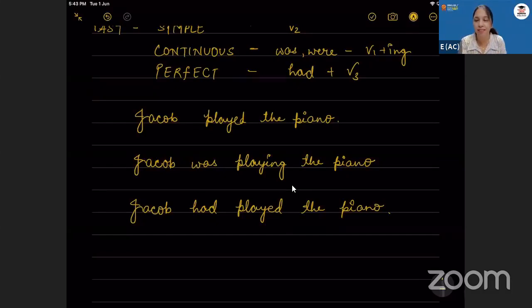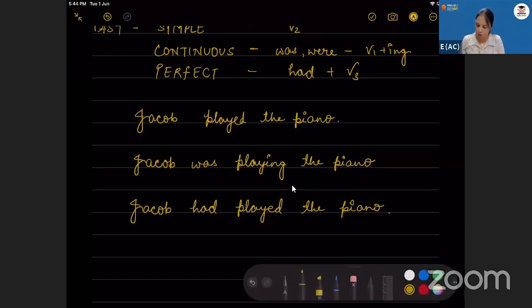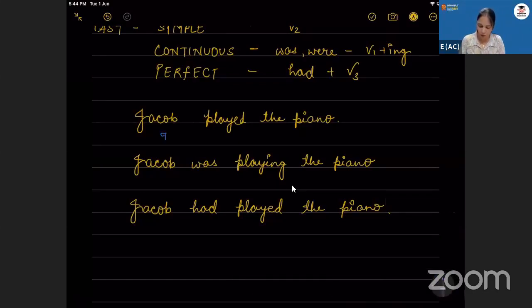Ma'am, may I tell? Yes, Akshara Sharma. Jacob played the piano. The piano was played by Jacob. Very good. The piano was played by Jacob.